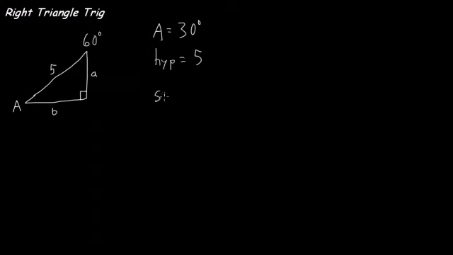Sine of 30 degrees. Remember, if this is my angle theta, that's 30 degrees. The sine of it is equal to opposite over hypotenuse. So side A over 5 in this case.